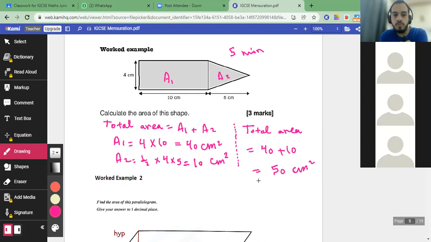I didn't actually concentrate much on the question. I just did 4 times 10 times 6. Oh, that's a 5. Okay. It's not a volume. So in area, Jana, you only multiply 2 dimensions. In volume we need to multiply 3 dimensions. So anything called area, you need to multiply only 2 dimensions, not 3. Okay?